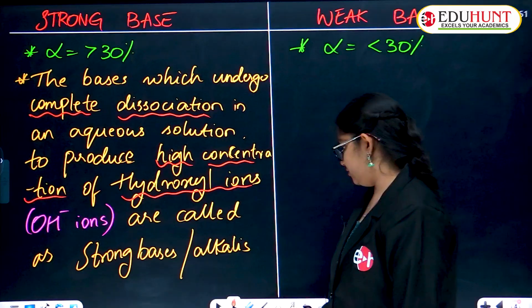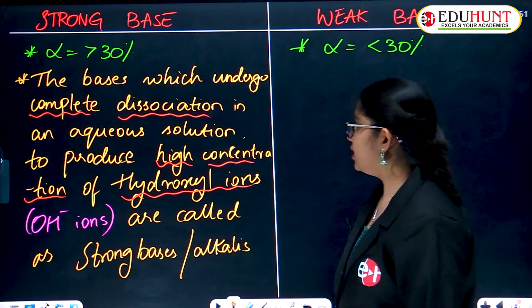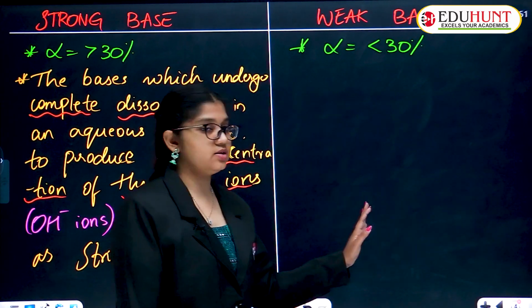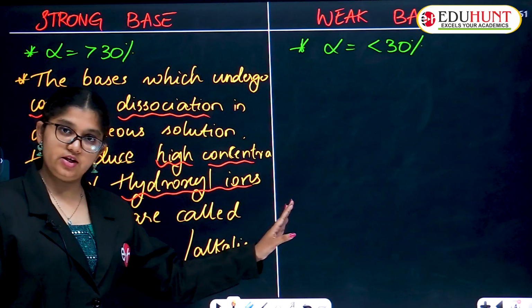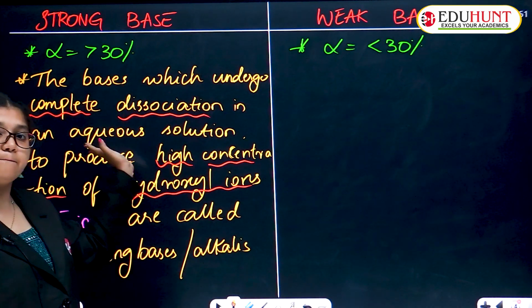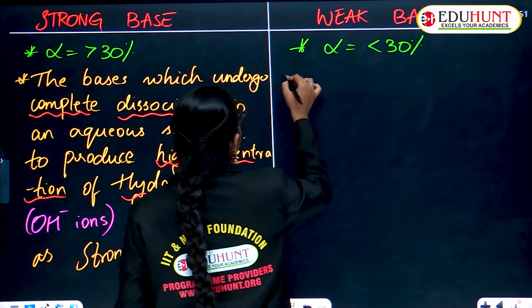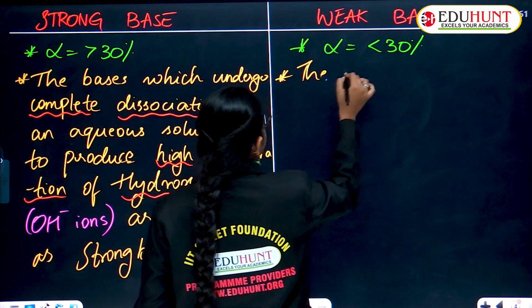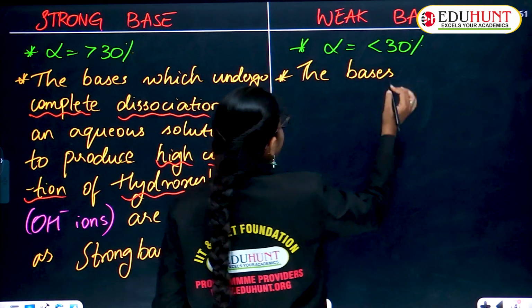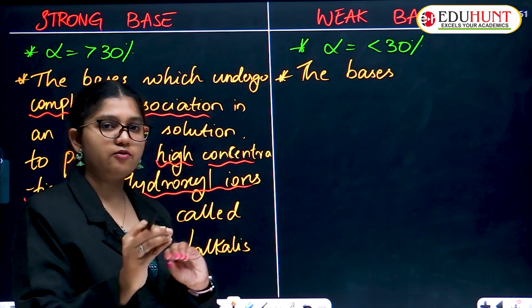Very good. Now, opposite to that, the definition of weak bases is quite the opposite. Here the bases undergo not complete but partial dissociation, in the sense not completely, like half of it.